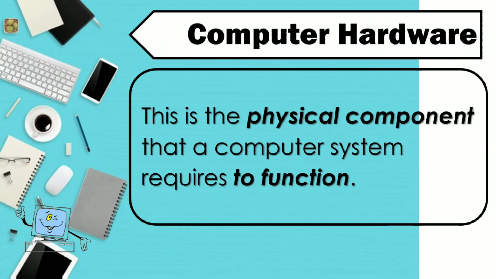Computer hardware is the physical components that a computer system requires to function. It encompasses everything with circuit board that operates within a PC or laptop, including the motherboard, graphics, CPU, ventilation fans, webcam, power supply, and so on.